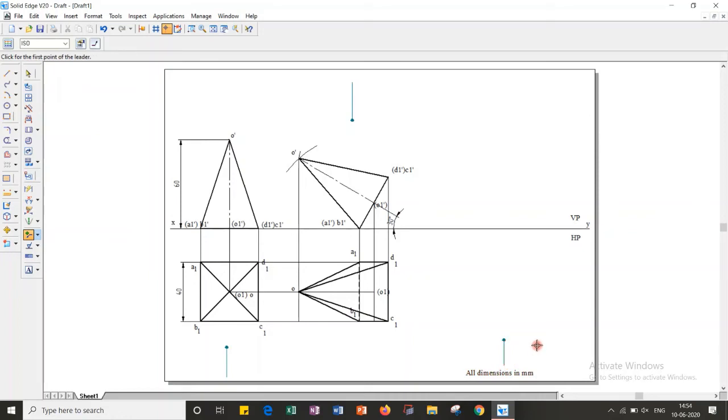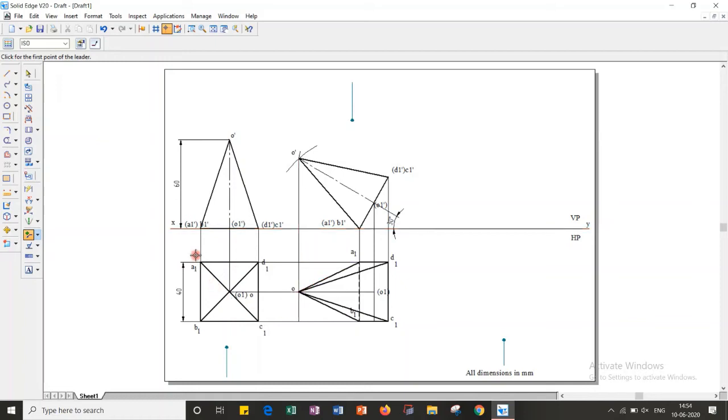According to the given question, the resting side is making 45 degree with respect to VP. In the third step, you have to identify what is the inclination with respect to VP. So first identify which is the resting side. To identify which is the resting side, there are two options.